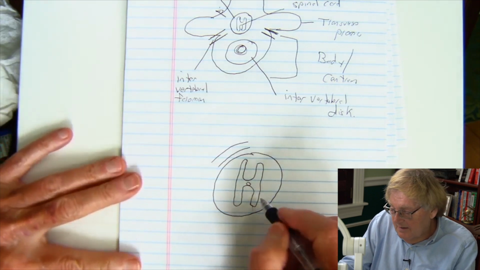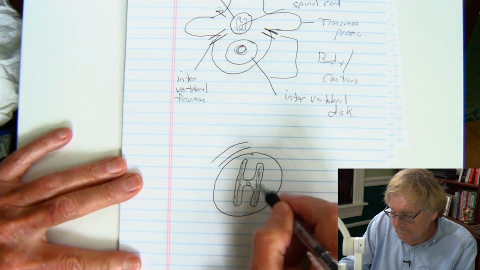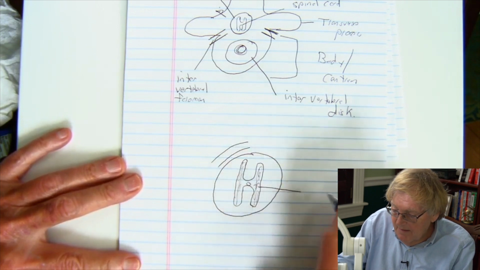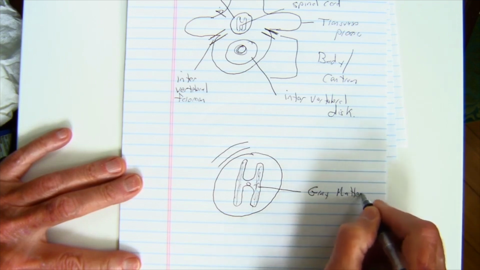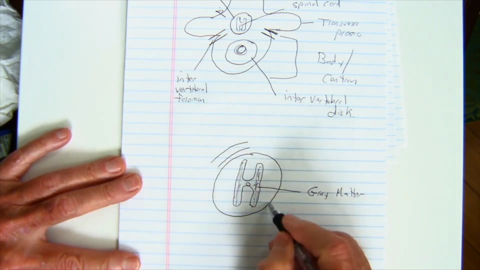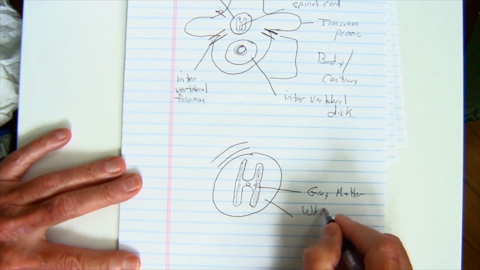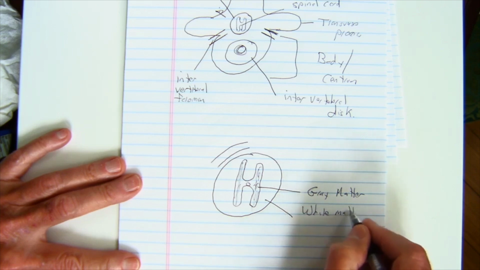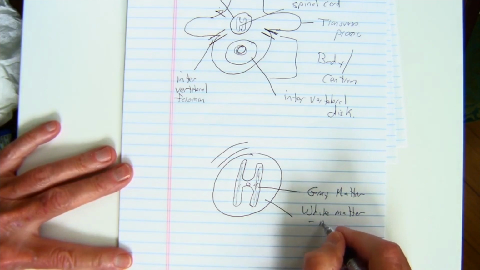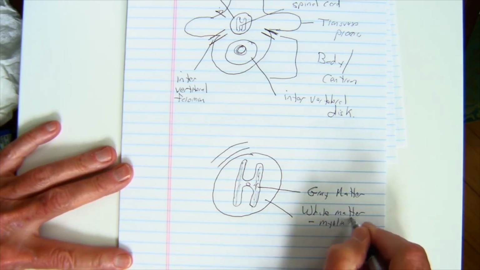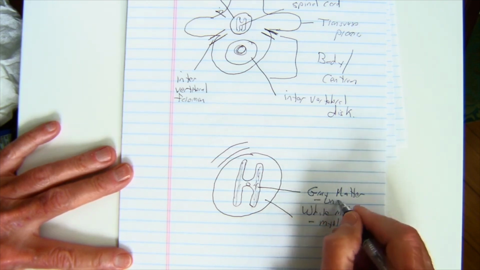Well, we know that this H pattern that I see in the middle is going to be gray matter. And the area surrounding it that's not shadowed is actually going to be white matter. That's telling me that the white matter is myelinated or insulated, and the gray matter is going to be unmyelinated or not insulated.